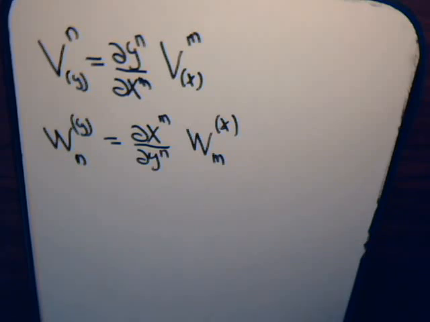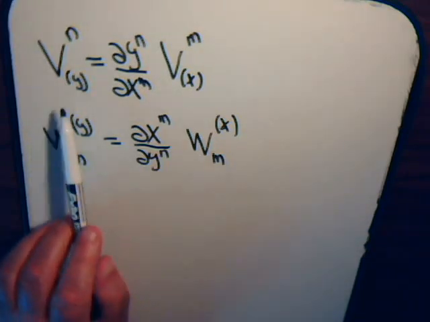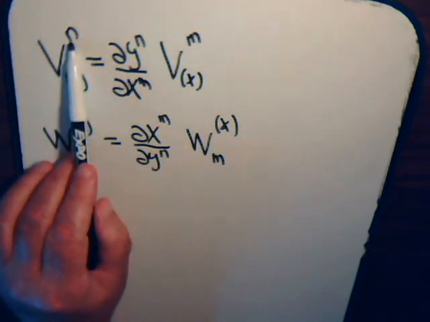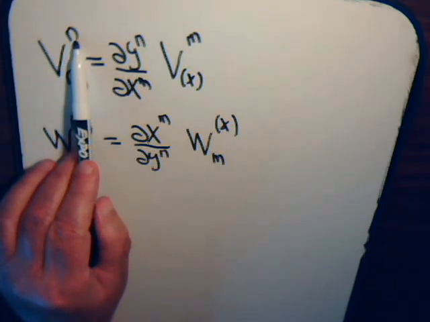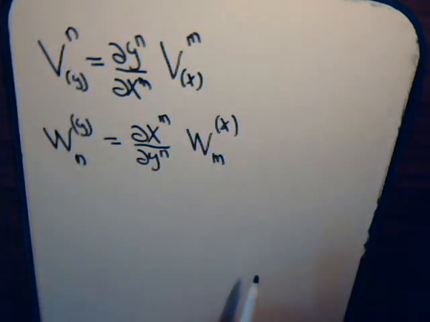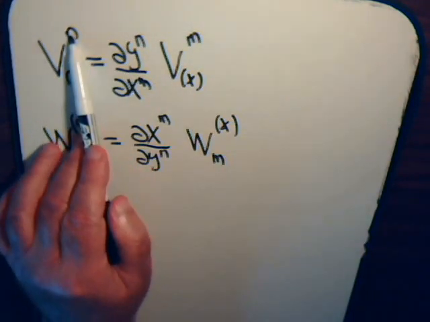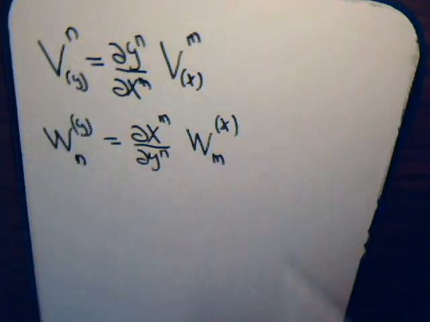And notice how this is set up. Here we have a vector in the y frame, and we're considering an nth component here, and the n is a superscript. So when we're doing this, the partial derivative for y is going to be in the numerator, because the n up here is a superscript.